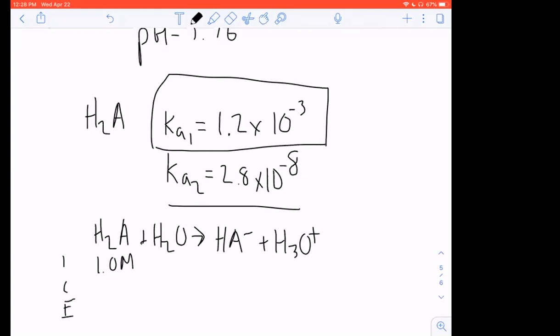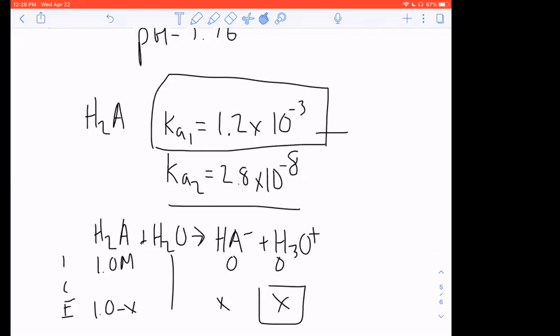You have none of either of these. Don't use water. So at equilibrium, you have 1.0 minus x, x, and x. Whatever you solve for using that first Ka value, the one that has the box around it, will give you a concentration of H3O plus. All you have to do is take the negative log of that, and that will give you the pH. So literally all you have to do is solve using that first Ka, and that will give you the pH.